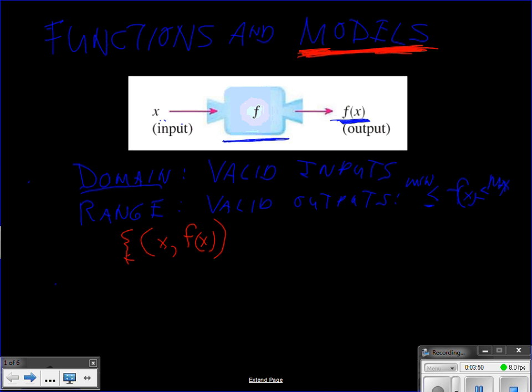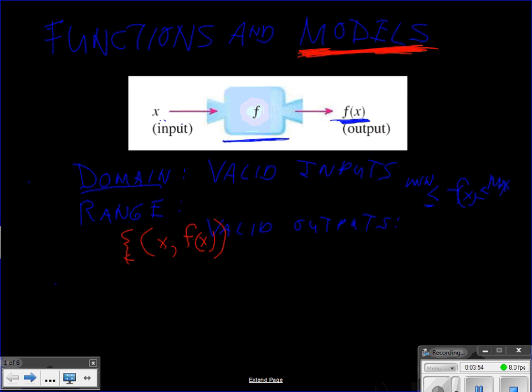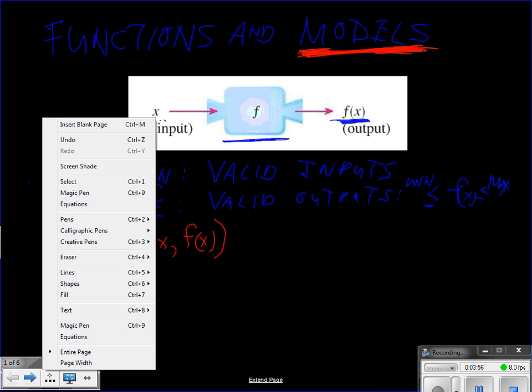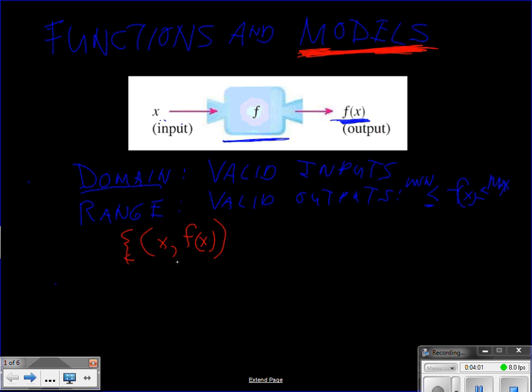So a set of ordered pairs x and f of x such that x, again, is an element, that's what that E means, in the domain. What is the domain? It is the legal set of values, valid inputs for the function.